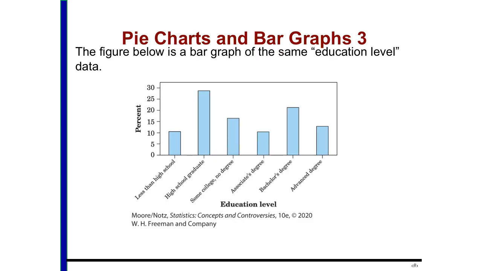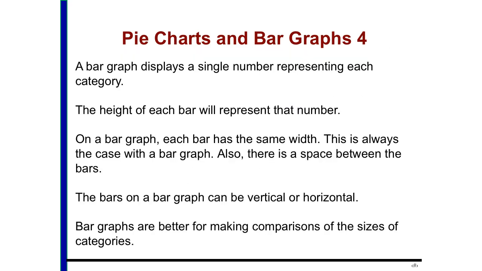Now, we can also make a bar graph for that same data. So this shows the bar graph for the educational level data. And you see with bar graphs, sometimes it's easier to compare because you're comparing the heights. So you can quickly compare heights. So some notes about bar graphs.